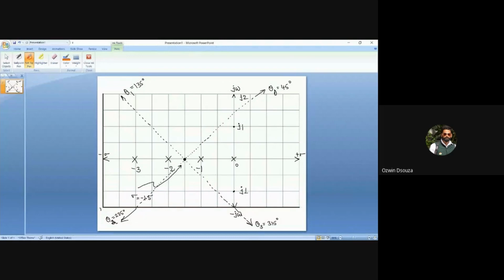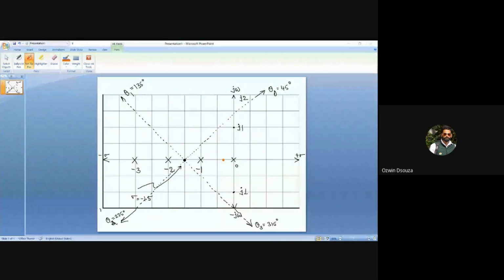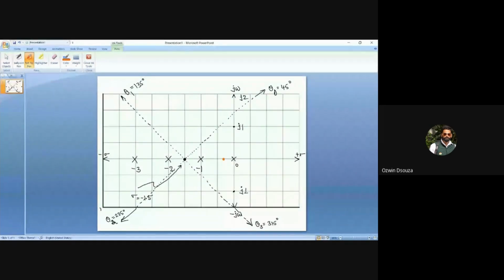So minus 0.38, this is 0.5, so minus 0.38 is going to be somewhere over here. And the next one is at minus 2.6. This is 2, this is 2.5, so somewhere over here you have minus 2.6. So these are the 2 breakaway points.